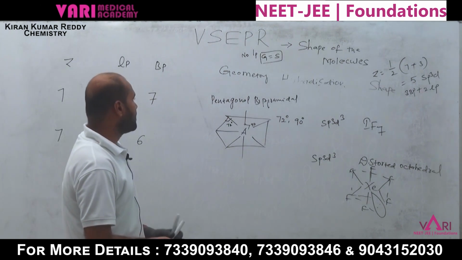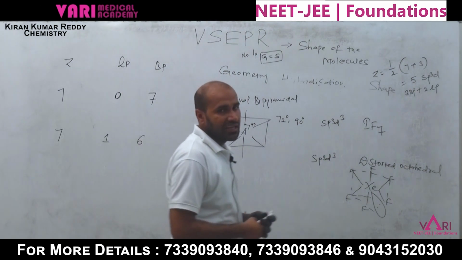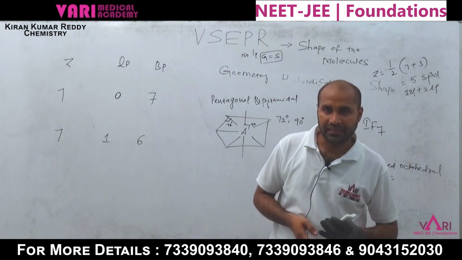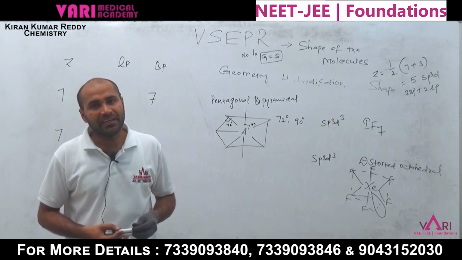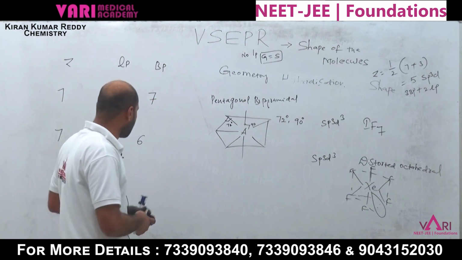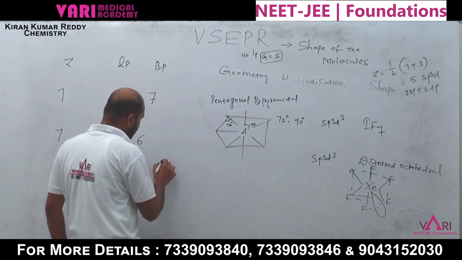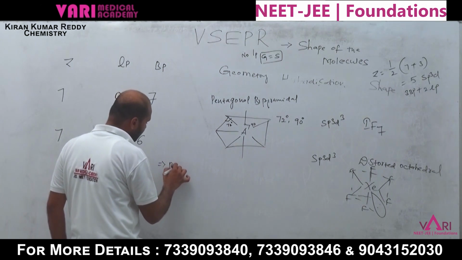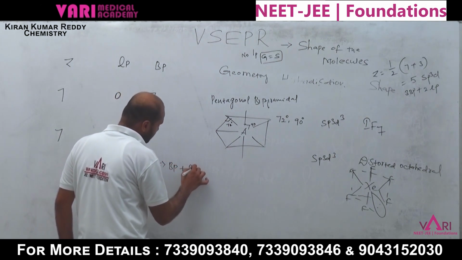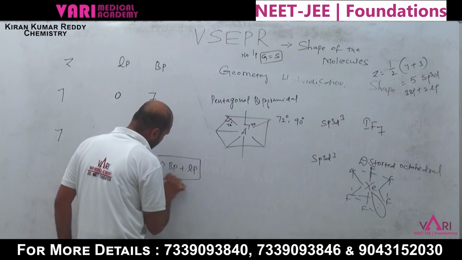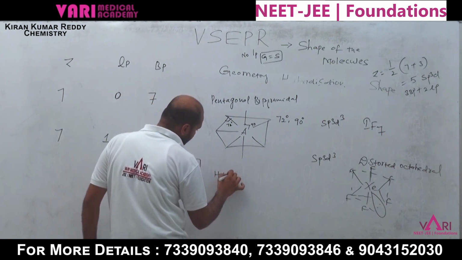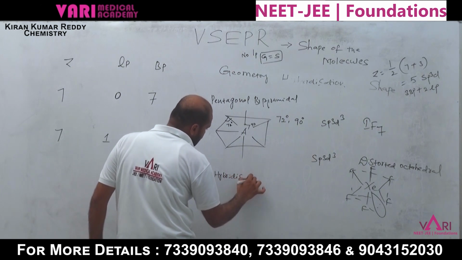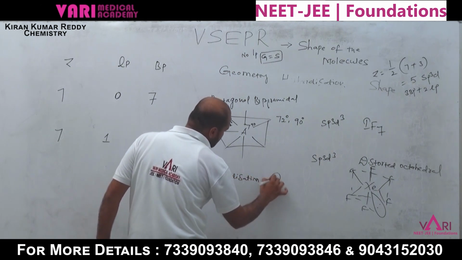This is the VSEPR, valence shell electron pair repulsion theory. Hybridization explains only geometry. Geometry is explained by bond pairs plus lone pairs. Hybridization explains the geometry of the molecule.